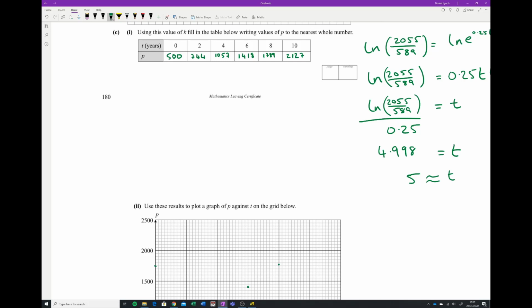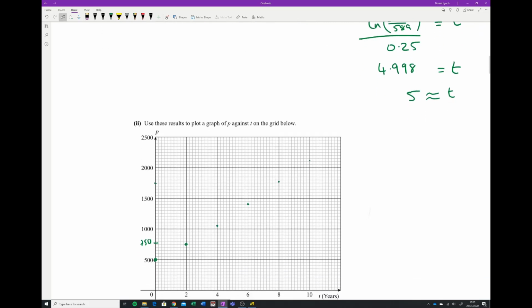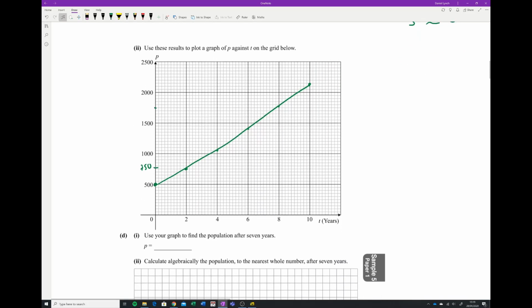And this one is 2127, so about halfway in between there and there. Okay, I didn't quite go through the points, so I will try that one again. Third time lucky. Okay, that's what we should be looking at roughly.